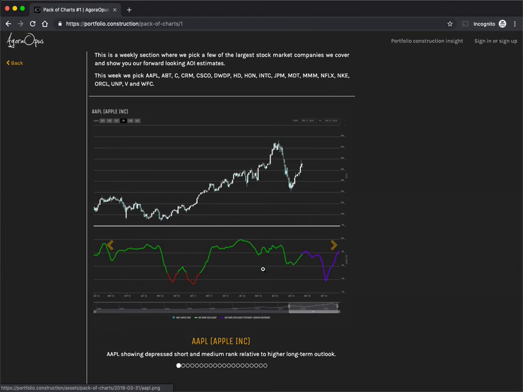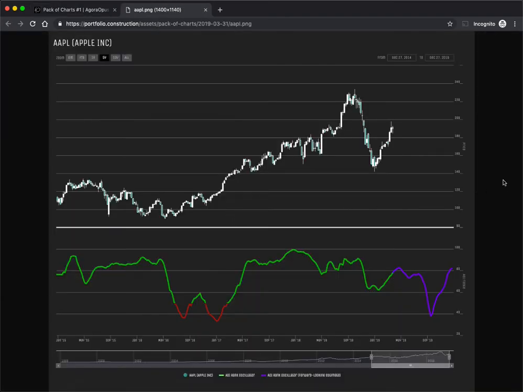So I'm going to spend this first video to spend a bit more time explaining what this indicator is all about, so that it's easy for you to follow on, and then we'll look at a few examples. So let me start by just opening Apple up here into full screen, and then we can have a look at that.